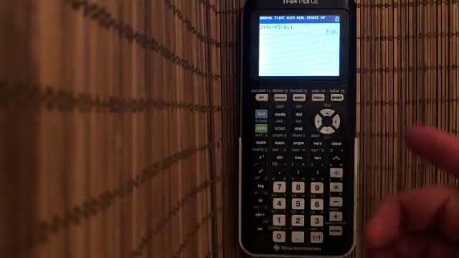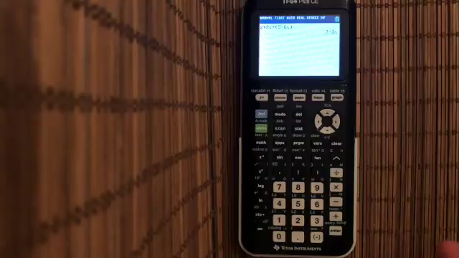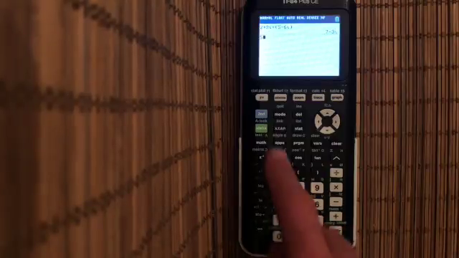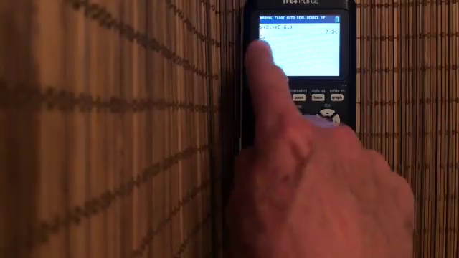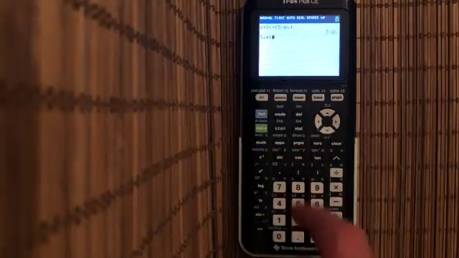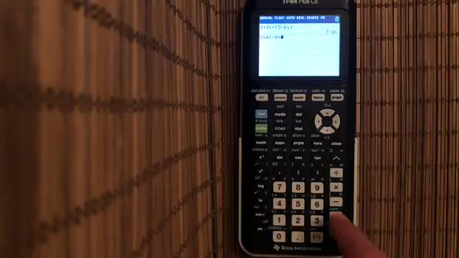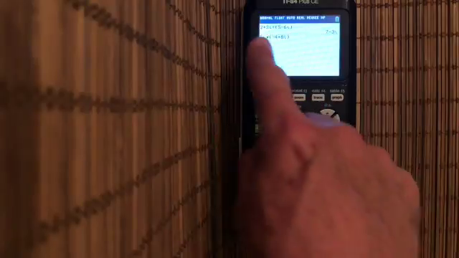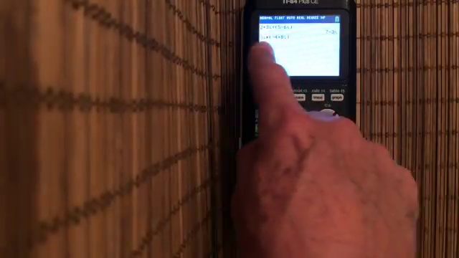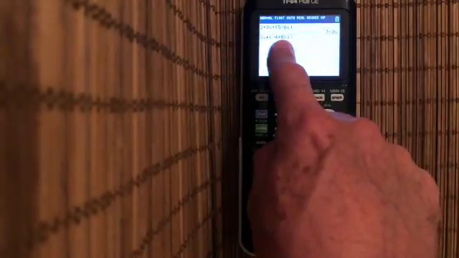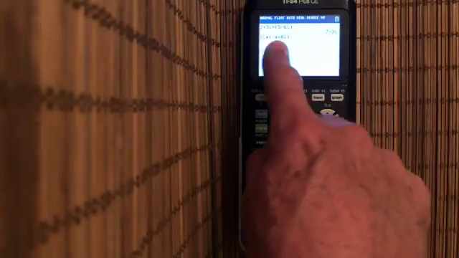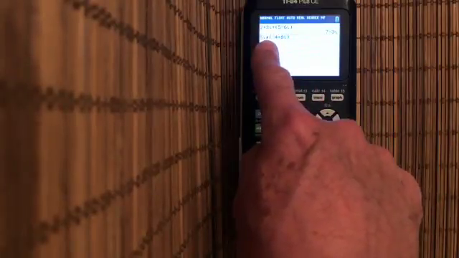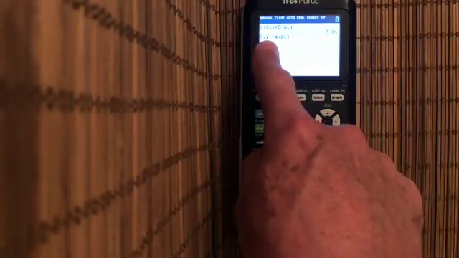Now you can also multiply with imaginary numbers in a similar format. Let's say you needed to know what 5i, so 5i times parentheses, let's do negative 4 plus 8i. Okay, so let's say that you needed to come up with this expression, 5i times, and then negative 4 plus 8i. Now remember that this times, we really didn't have to use it.